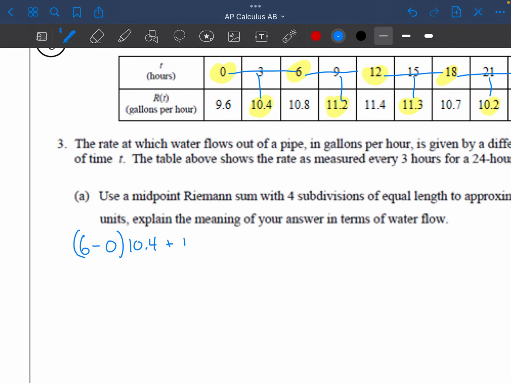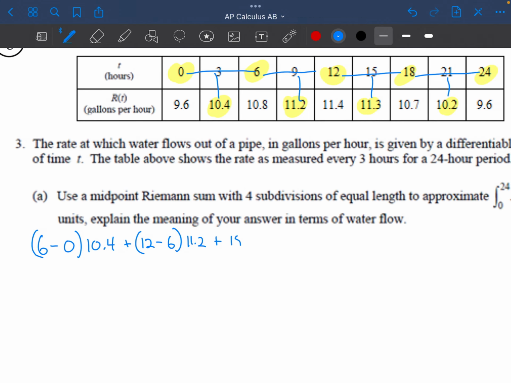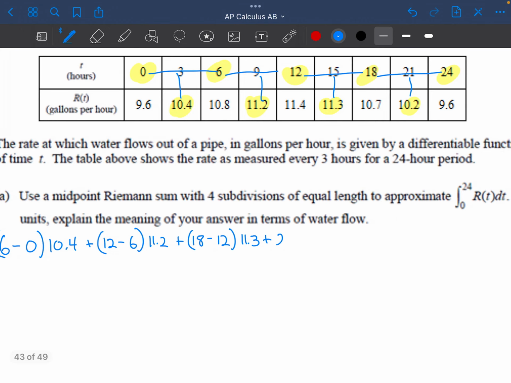Plus 12 minus 6 times 11.2 plus 18 minus 12, that's going to be multiplied by 11.3, plus, and finally, 24 minus 18 in parentheses times 10.2.